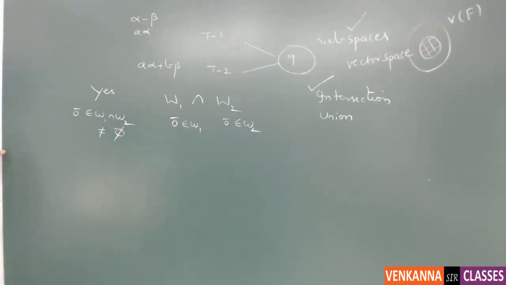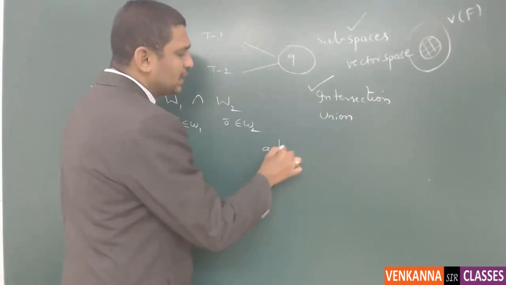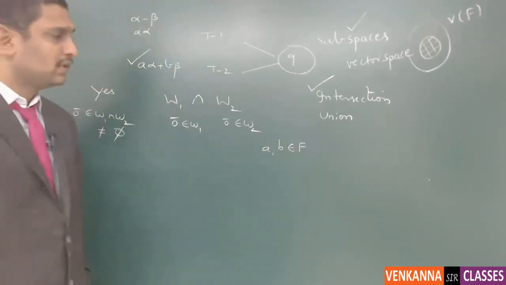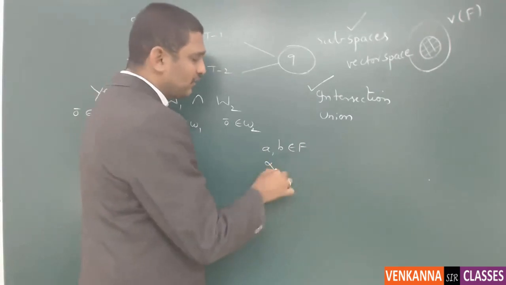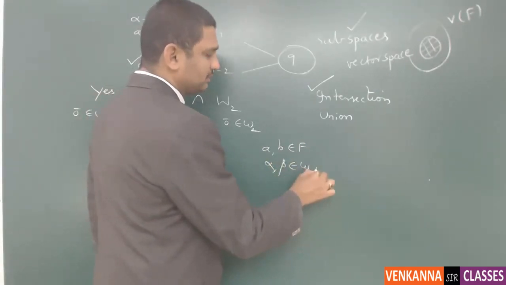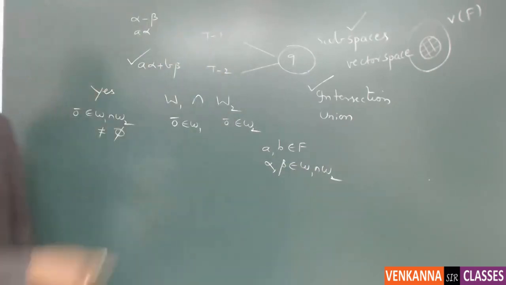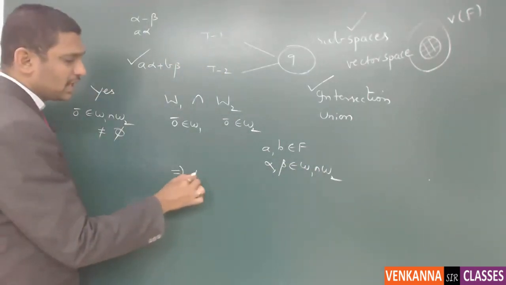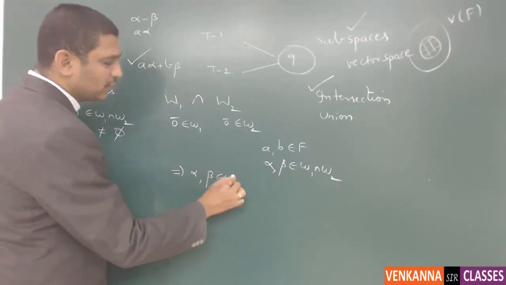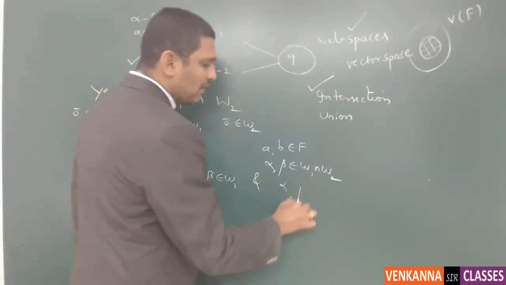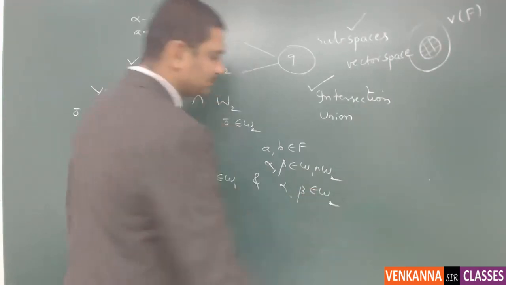Now to prove that it is a subspace, let us take the test condition A alpha plus B beta. If I prove that A alpha plus B beta belongs to the intersection, it becomes a subspace. So for this, you take any 2 scalars in the field and any 2 vectors alpha, beta in the intersection. So this implies that alpha comma beta belongs to W1 and alpha comma beta belongs to W2.